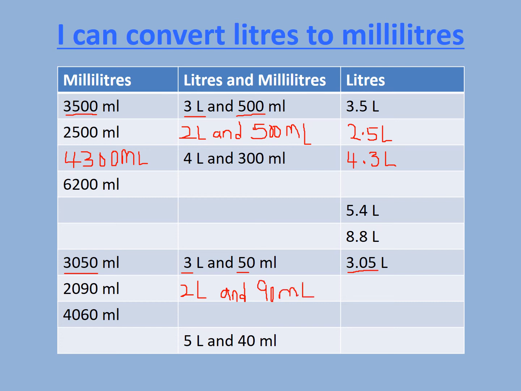And this will be equal to what in liters? 2 point what? 2.09. 2.09 liters. Okay, can you do the next two? Yes, I think you can. So just try it out.